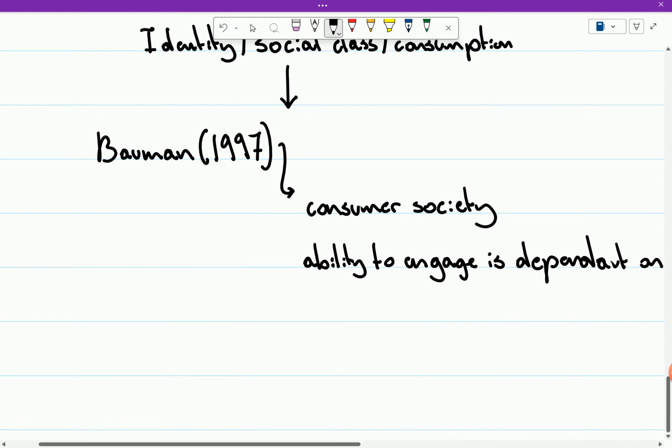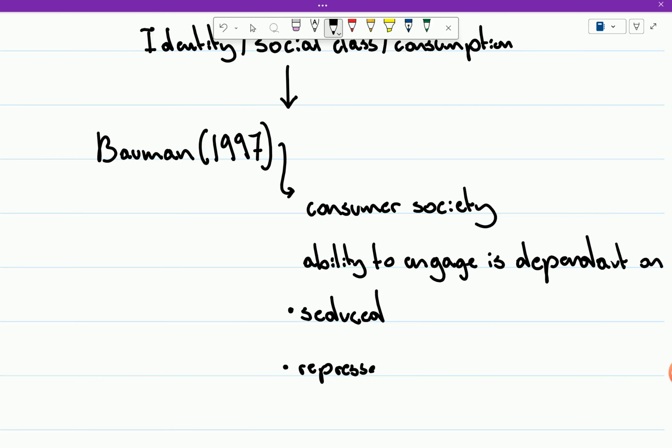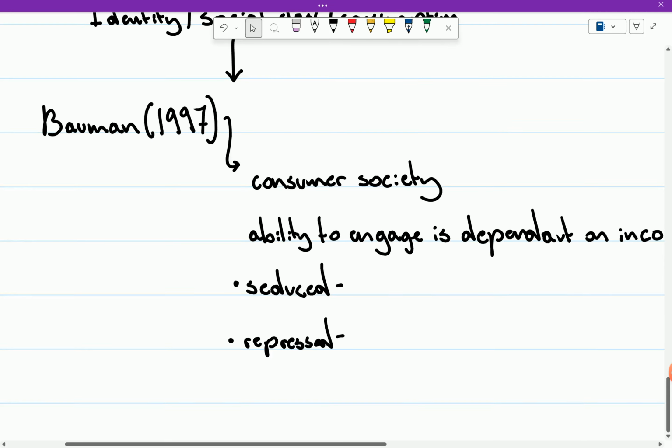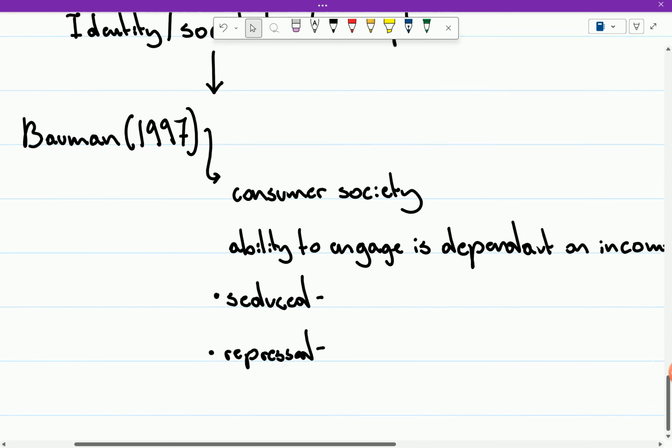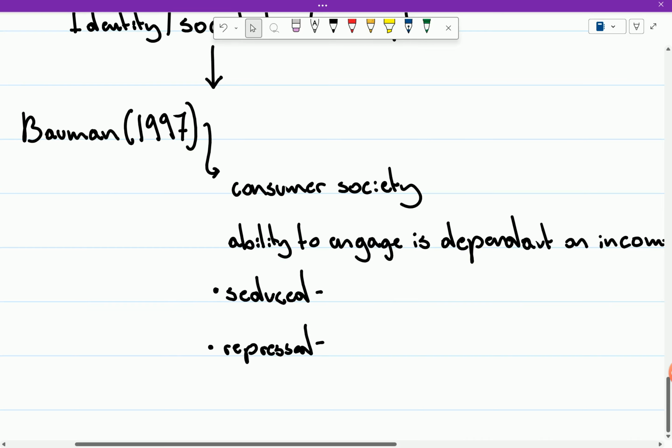We have the seduced class. Well, the seduced, we'll just say that. And then we have the repressed. What I'm doing here is I'm demonstrating my knowledge. The examiner is going to see that you know what you're talking about. So, seduced. Those are people who engage in the consumer society, who engage in consumption.